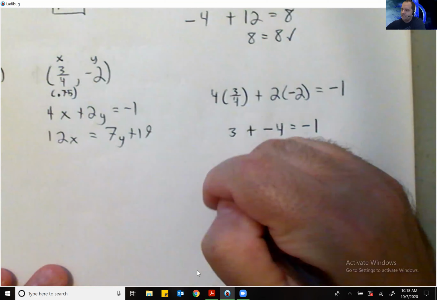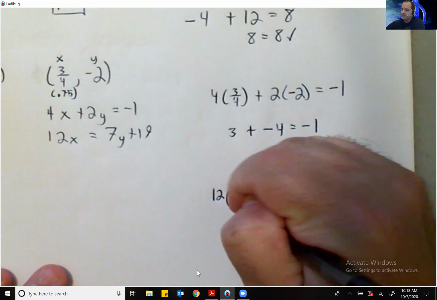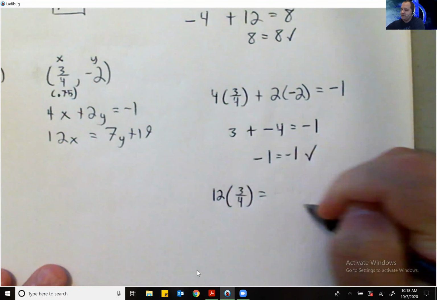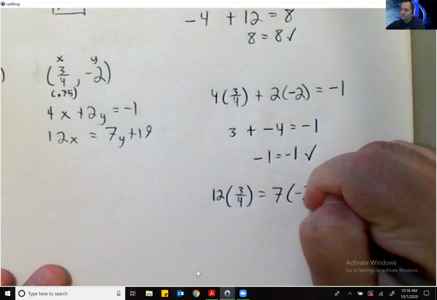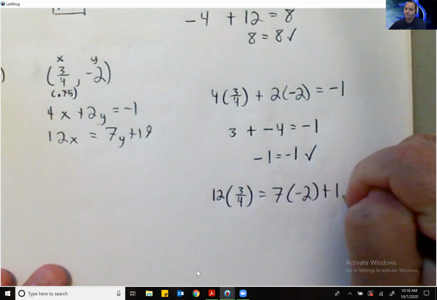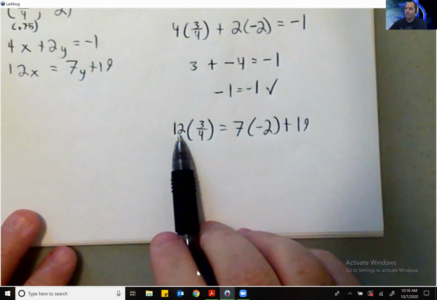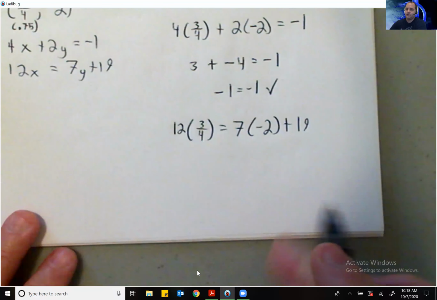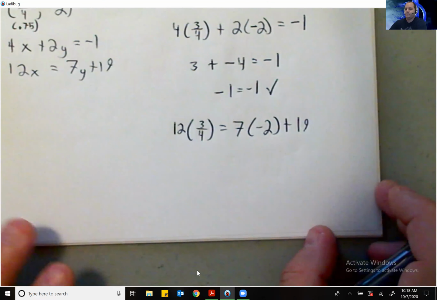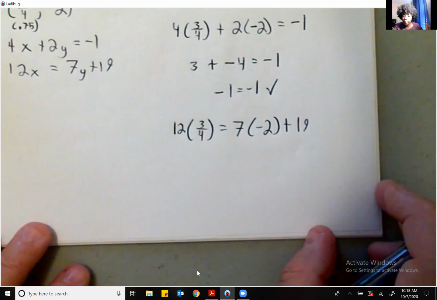So we've got 12 times 3/4 equal to 7 times -2 plus 19. What happens when we multiply the 12 and the 3/4? You get 9. That is correct.